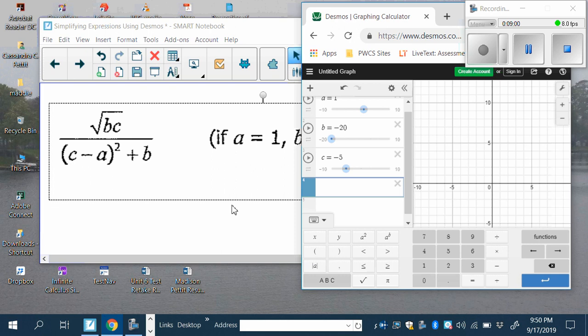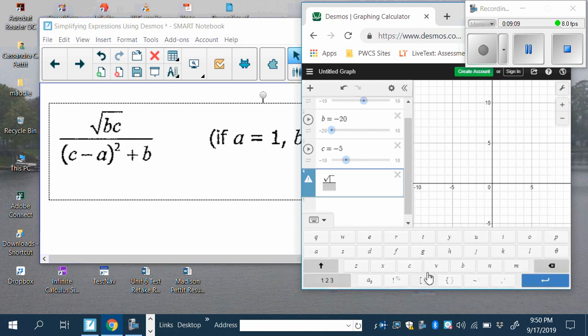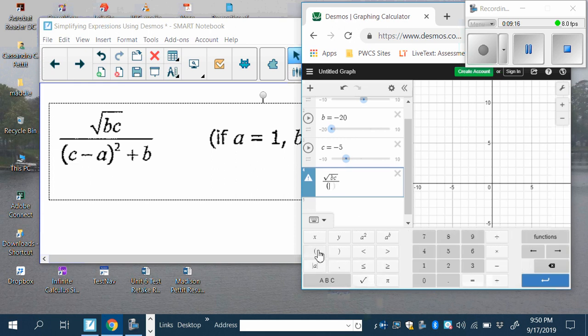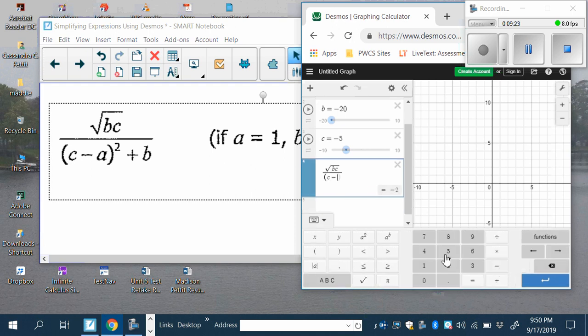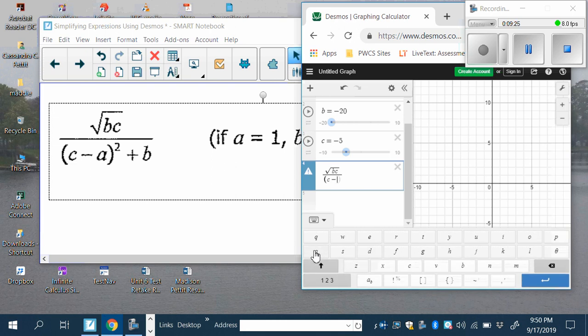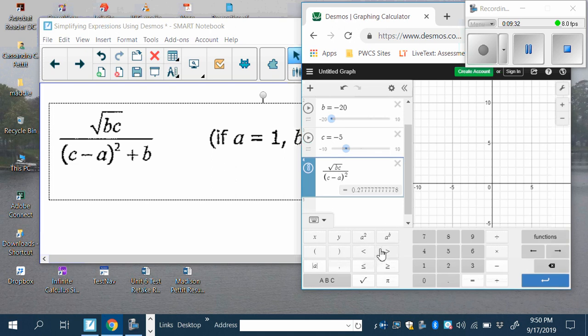So I'm going to put a division sign, and in that division sign I'm going to do the square root, and it's going to be B times C. And then on the bottom, parentheses, and I just enter this exactly how I see it. I don't want to make any changes because I prevent myself from making any errors when I do that, because it's easy to do, especially when you're working with so many numbers.